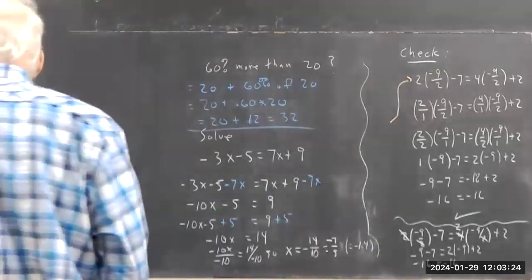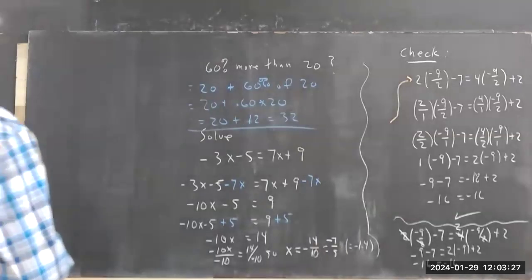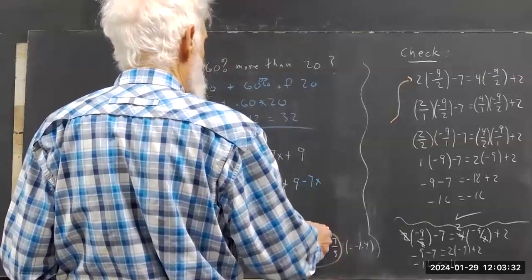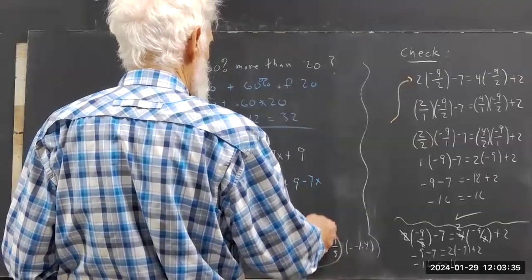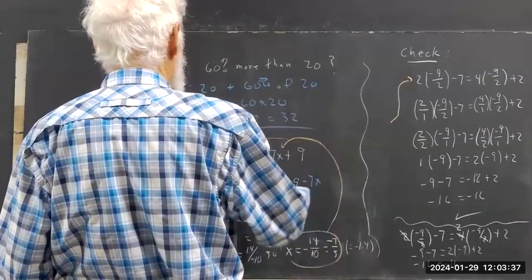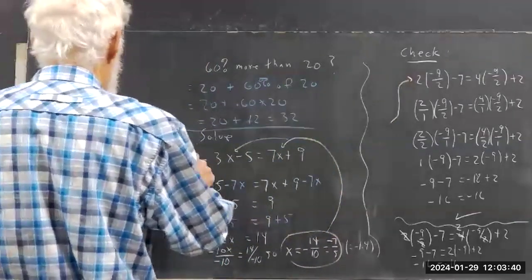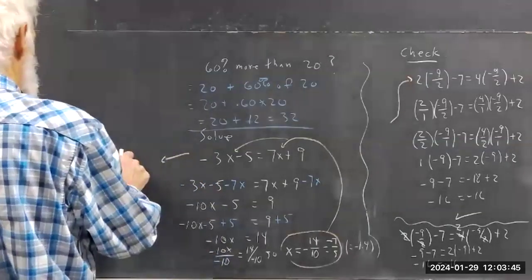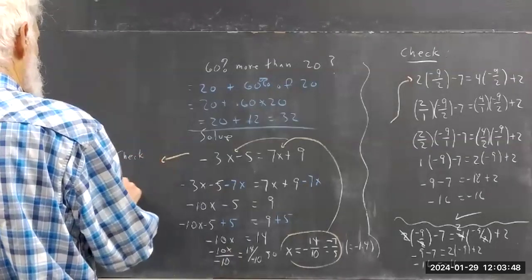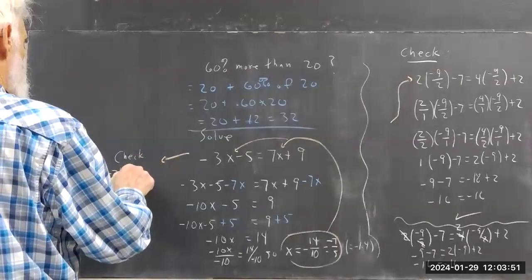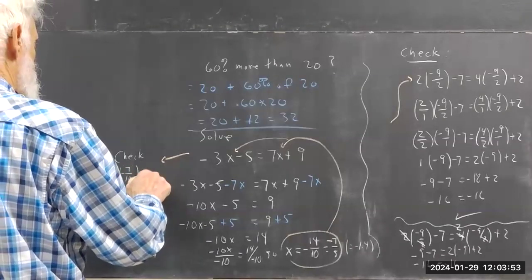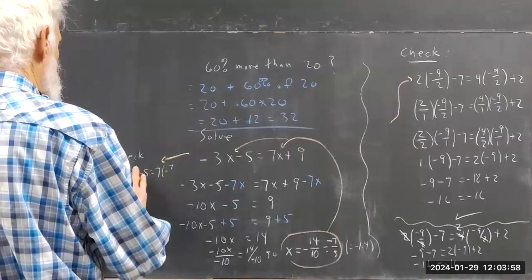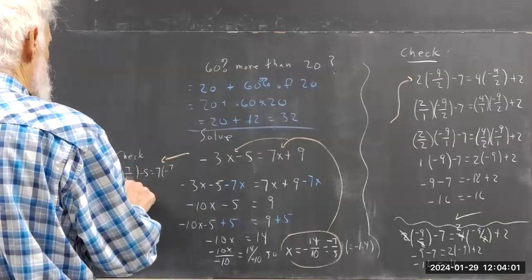And then we check. So we take x equals negative 7/5. Plug it in here and here. And out of that, we get, now I'm using 7/10 and 7/5.